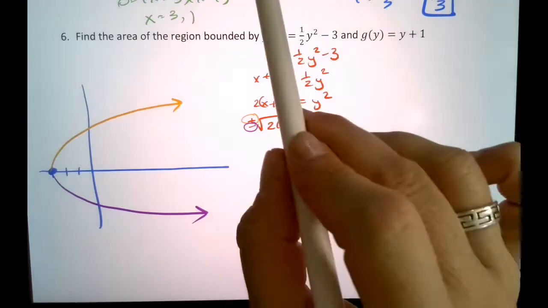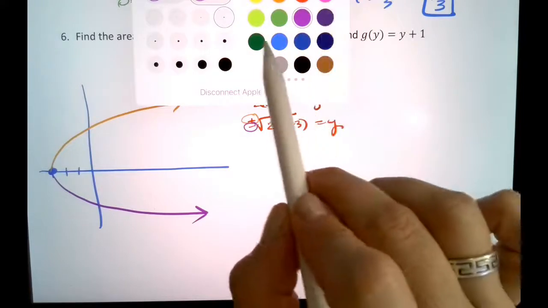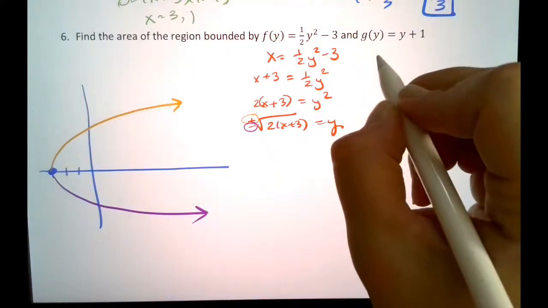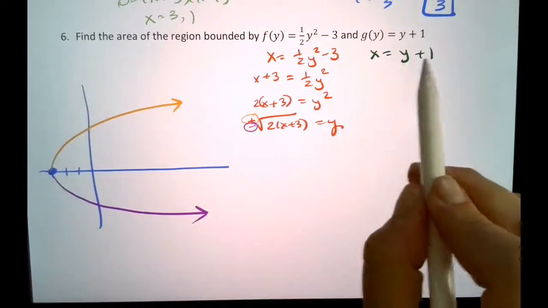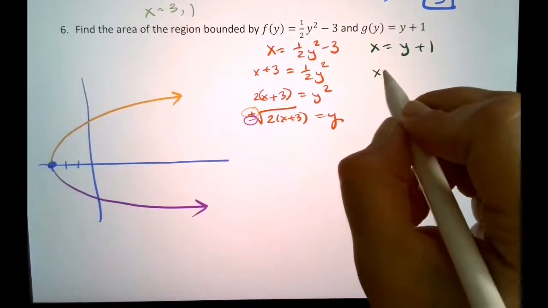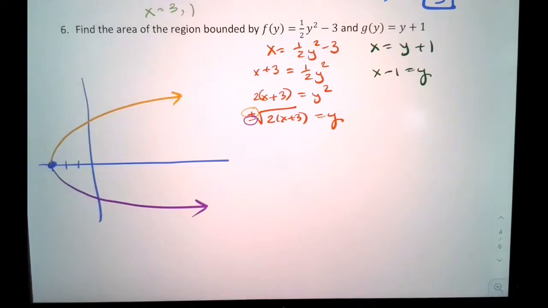Okay, now if I want to take a look at this other graph over here, again, g of y, I'm going to replace that with x. This one's a little bit friendlier to rearrange to say y equals. All I have to do is subtract the 1, and I'm good, right? So there it is. And then from here, I'm going to graph this.